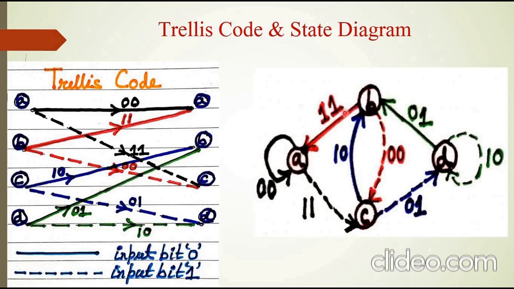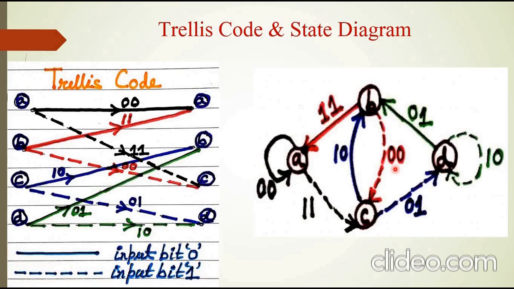If the current state is B and the input is 1, then the next state will be C. So the line should be a dash line from B to C, and the output is 0 0, mentioned here.